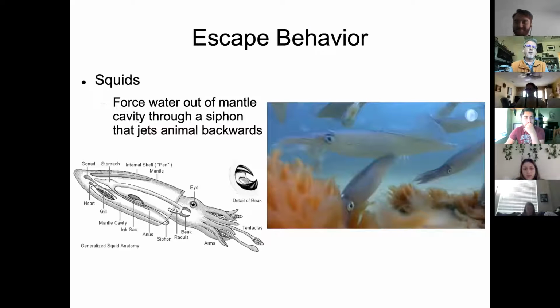But squids have this incredible ability to retreat from a location. And they can do this by forcing air through a mantle cavity. And when they do that, that pushes, I'm sorry, not air, water, forcing water through a mantle cavity.